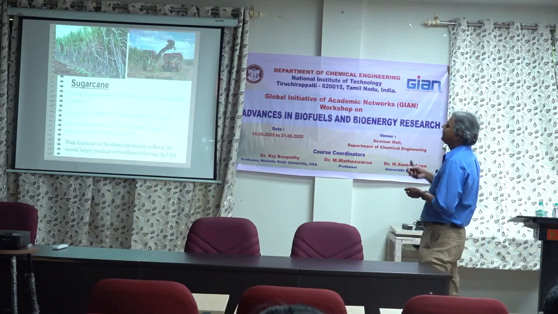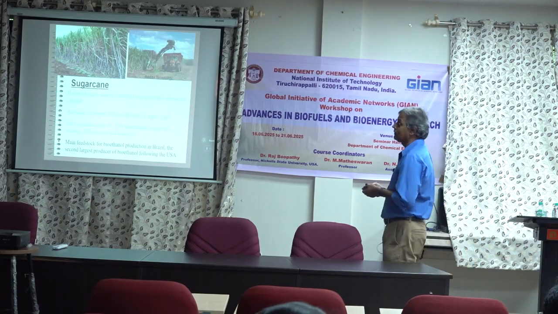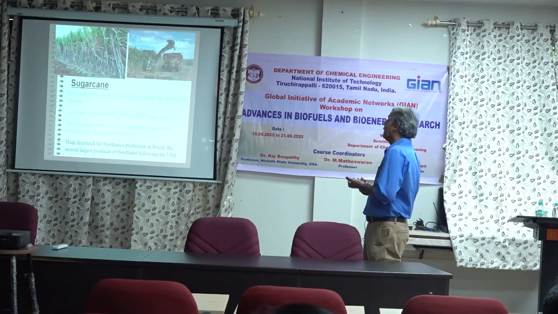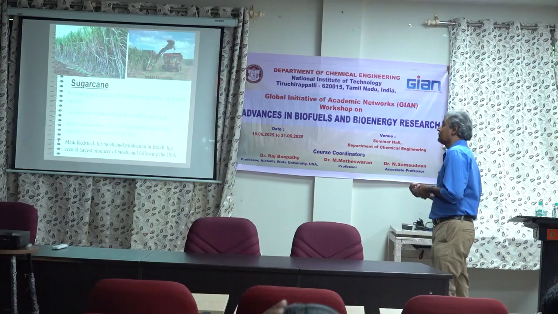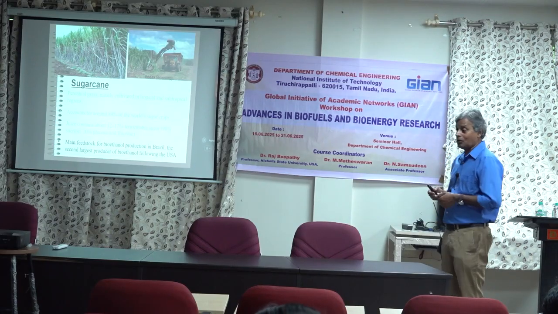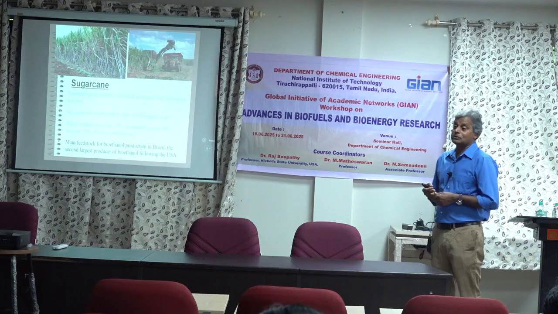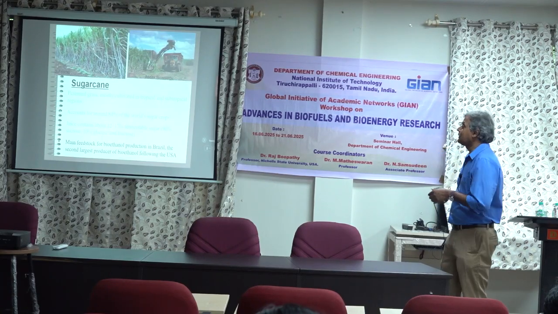It is mostly cultivated in tropical and subtropical regions, and accounts for 84% of the world sugar crop. Juice of the sugarcane contains 12 to 17% fermentable sugar. 90% of that is sucrose. 10% is glucose and fructose. Sucrose is glucose and fructose, right? So 10% is the free glucose.